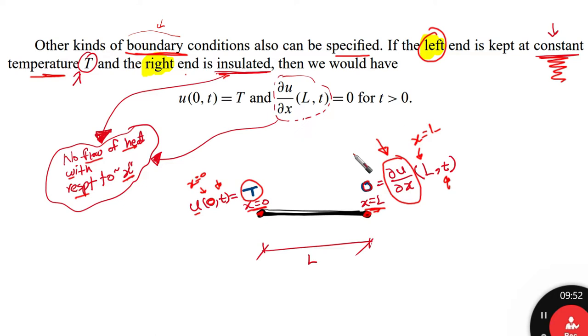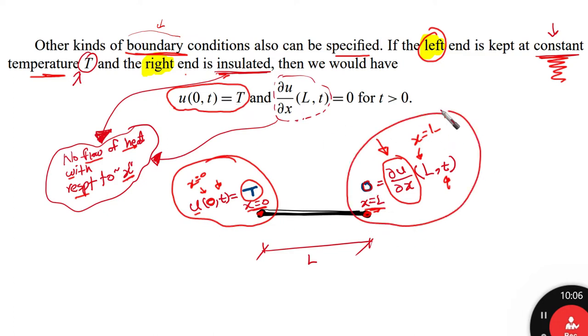So this is how we can put it: u of 0 and t, the left end, is going to be at temperature T, while at the right end, partial u partial x of L and t equals 0. This is for any time larger than 0, of course, right?